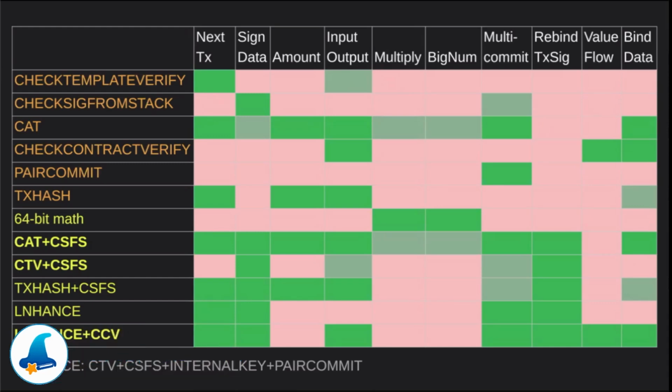So when I look at this, I personally look at the rows, thinking about combinations of opcodes that have the most dark green. And personally, I actually dislike light green more than I dislike red, because I really don't want to be enabling things on Bitcoin that are going to lead people to do things in ugly, non-ergonomic, hard-to-debug ways.